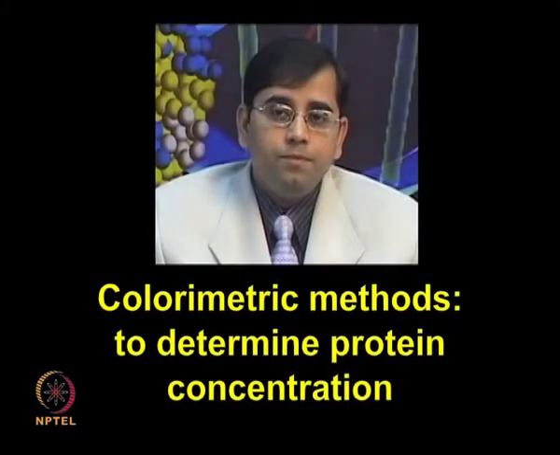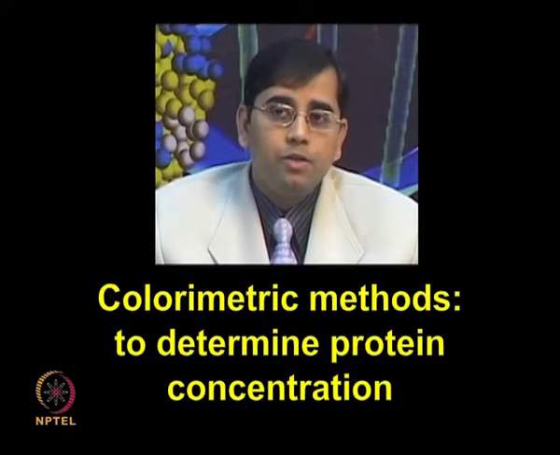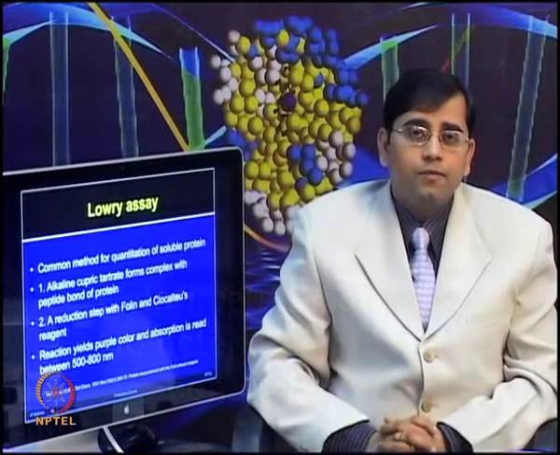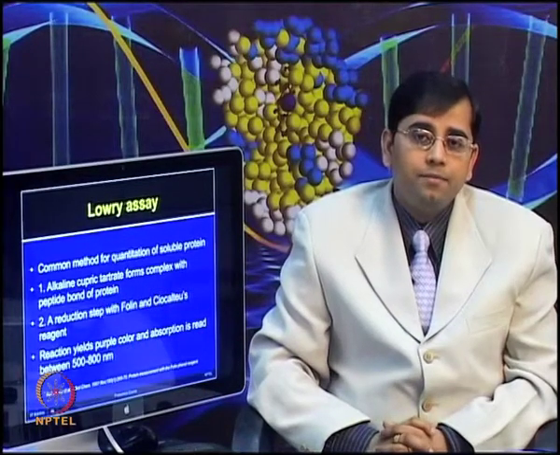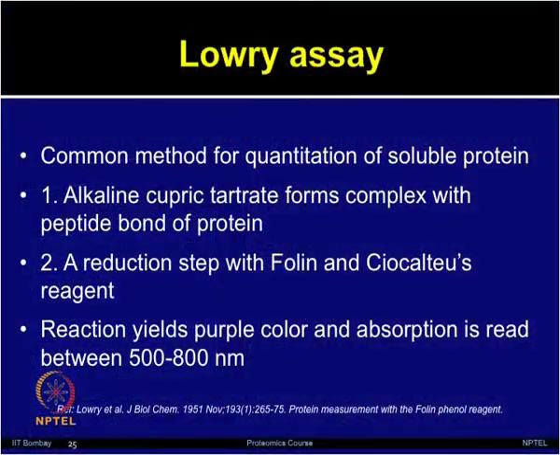So, let us talk about different types of colorimetric methods to determine the protein concentration. Let us first talk about Lowry assay. This is one of the very common methods which has been used for quantification of soluble proteins. There are two main steps involved in performing Lowry assay.